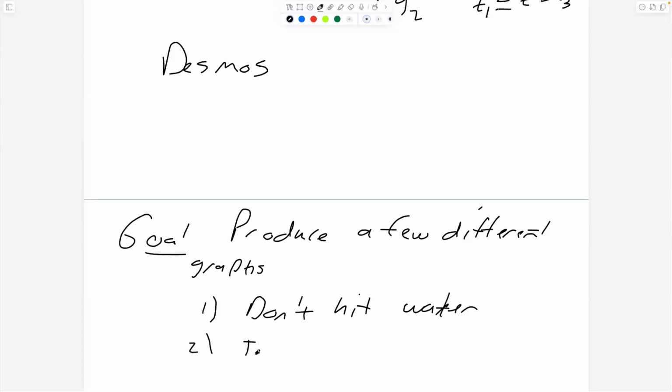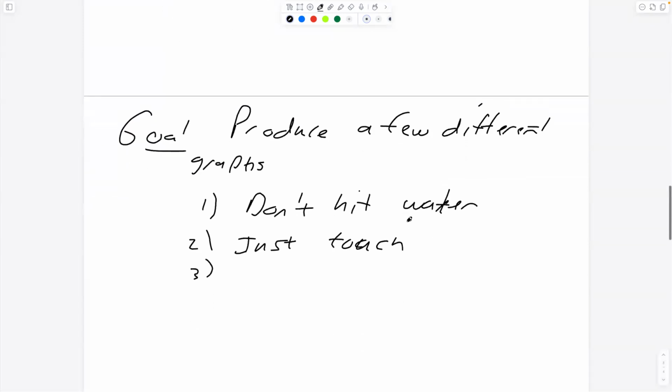Two, just touch the water. And three, really hit the water. Go into water, let's say.